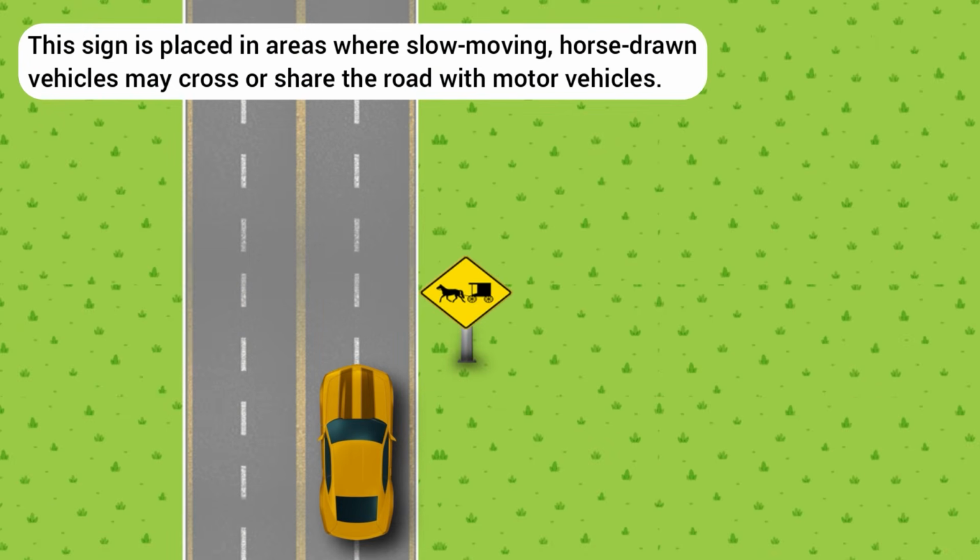This sign is placed in areas where slow-moving, horse-drawn vehicles may cross or share the road with motor vehicles.